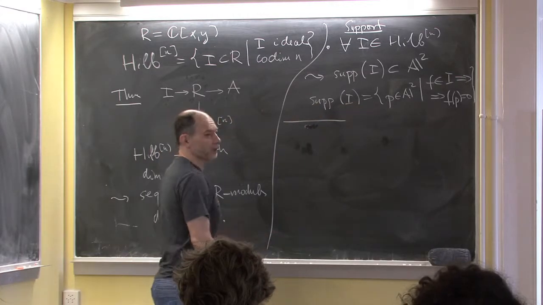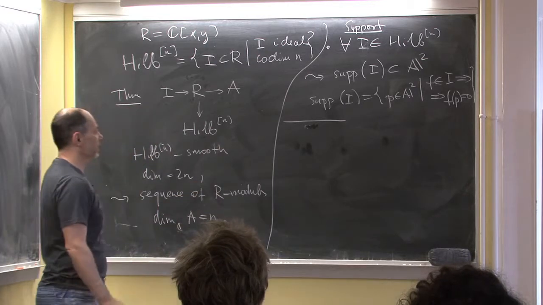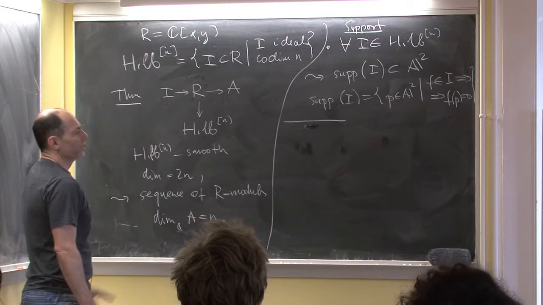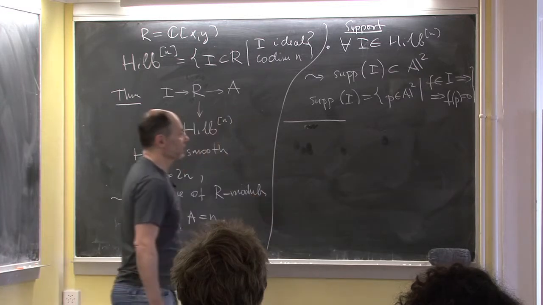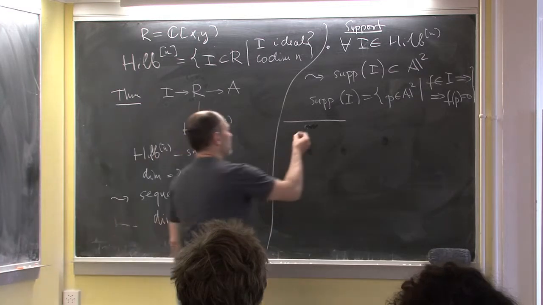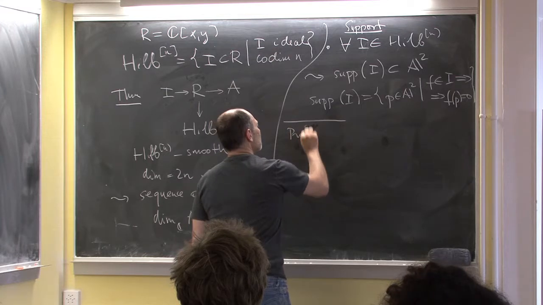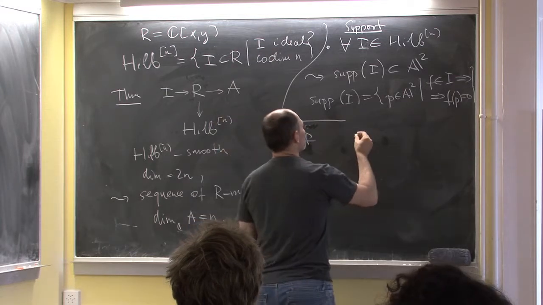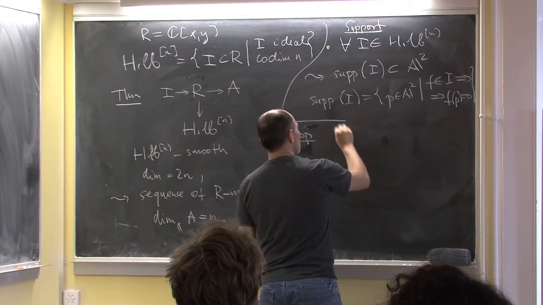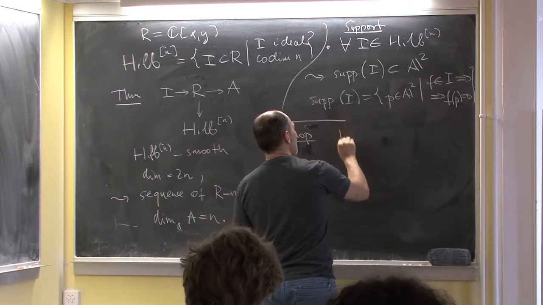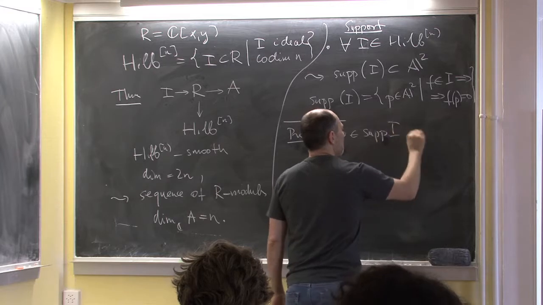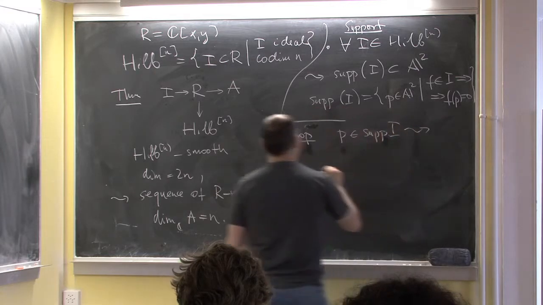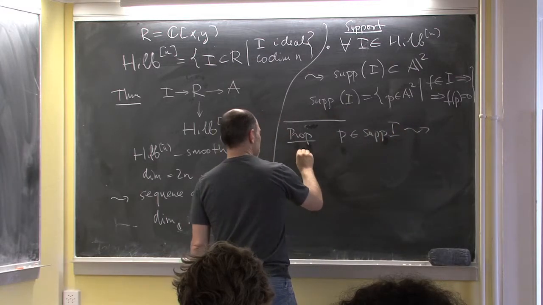This I will not explain. This is some technical thing about localization. You basically have to invert some function and do some calculation. But anyway, a proposition is that for each point P in the support of I, you can define an ideal IP.